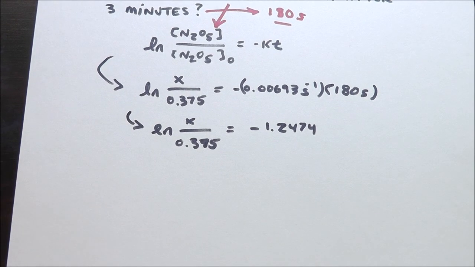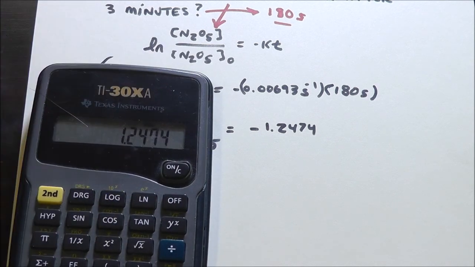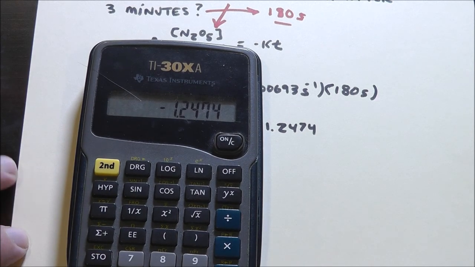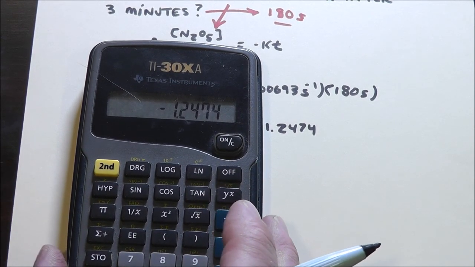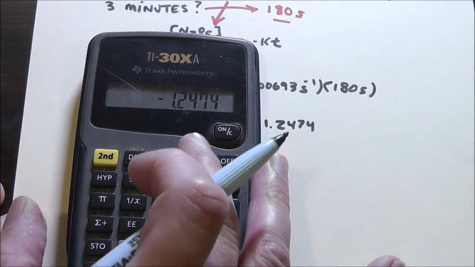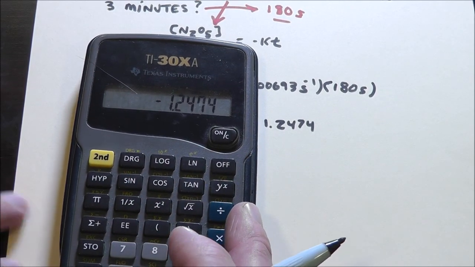What you're going to have to do is, first of all, I need to make that minus. You're going to have to make friends with the inverse natural log button on your calculator. You've got a natural log button, and you'll notice usually the second function of that is an e to the x.